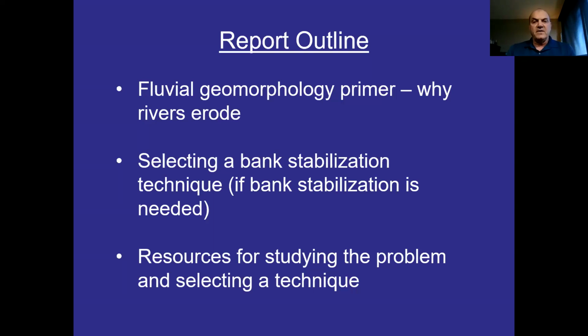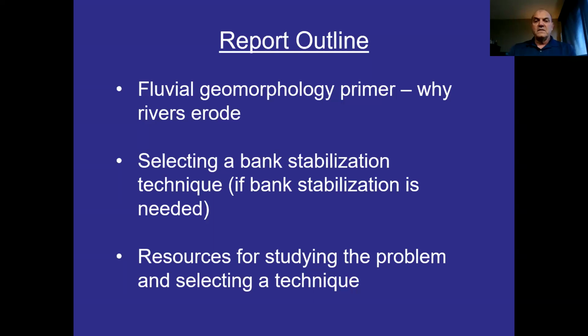Then the second part outlines how you select an appropriate bank stabilization technique if bank stabilization is needed, again within the context of wild and scenic rivers and National Park Service context, but also useful anywhere in the world, essentially, in any environment.